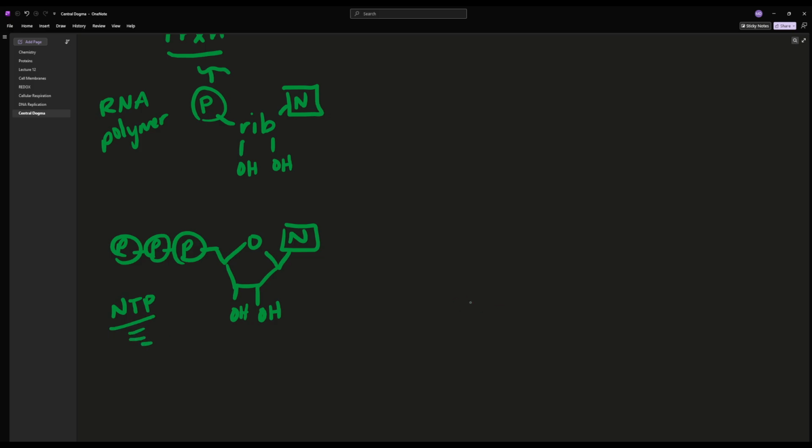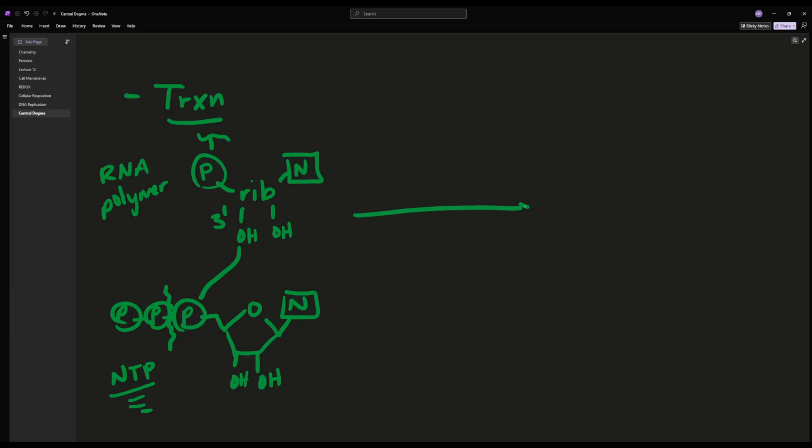So this is our NTP. Same exact logic, where we're going to use the 3' hydroxyl, and we're going to form a bond with this phosphate here and break that phosphoanhydride bond. So just like in DNA replication, we're going to use the energy in the phosphoanhydride bond to make a phosphodiester bond.